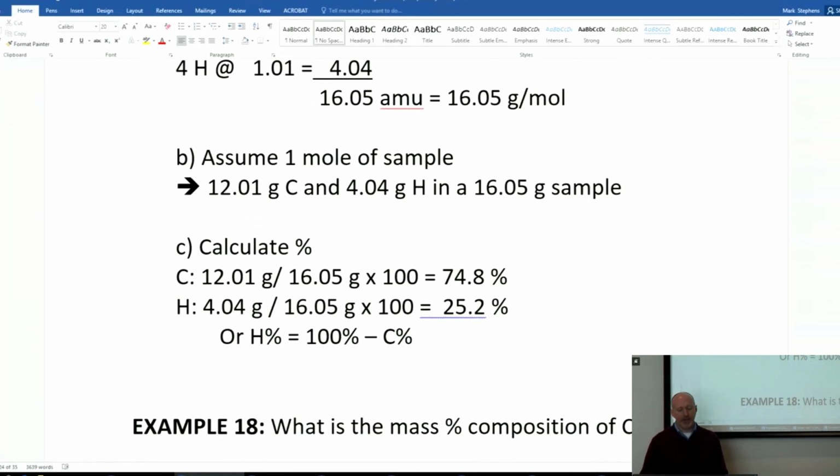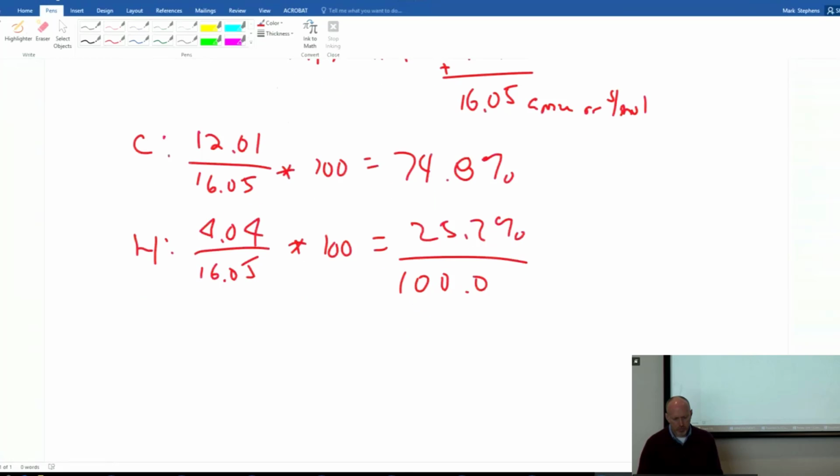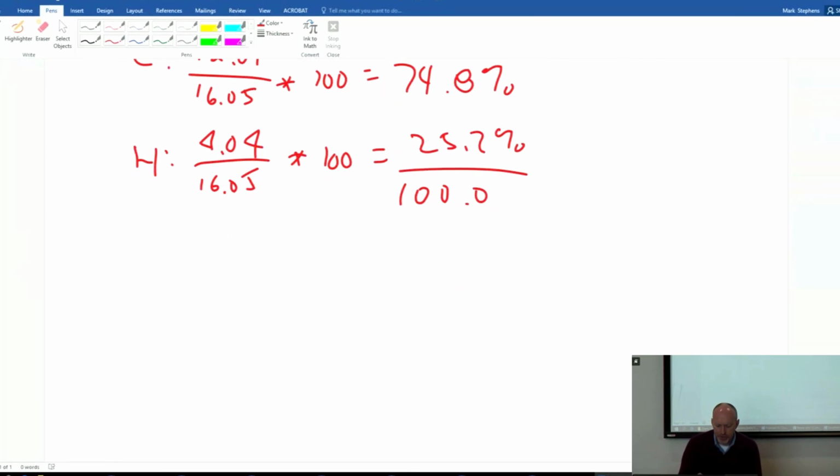Let's repeat the activity. Let's find the mass percent composition of CH2O. We're going to do the same steps. We're going to find the formula weight first, and it's going to be the pieces over the total. So my material of interest this time is CH2O.